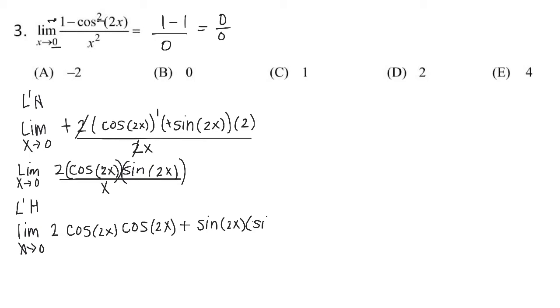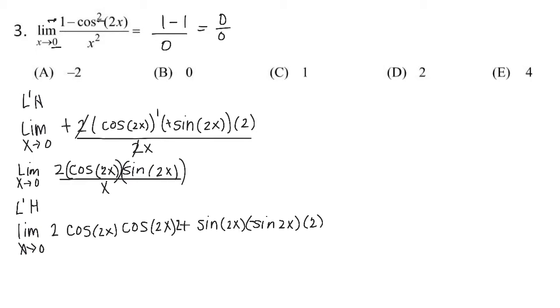I think I forgot my 2 on that first part, so I'm going to have to go back and put in that 2. We have sine 2x, and that was a negative, times 2. And let's go back because I did forget to take the derivative of the angle here, so I'm going to squeeze in a 2 right there. And of course that's all over 1.